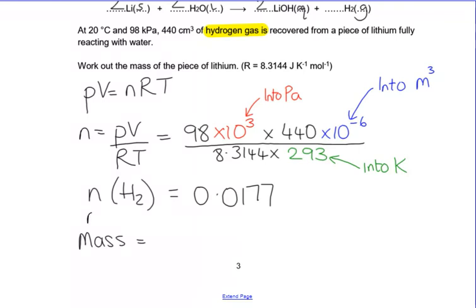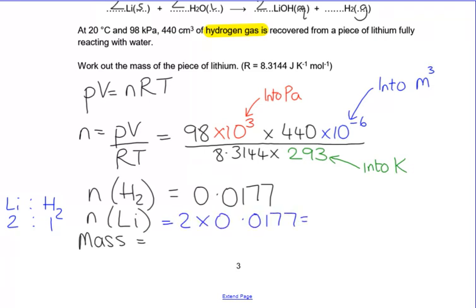So what's the number of moles of lithium? I'm going to need to use the ratio, and there were 2 lithiums for every hydrogen, so we're going to do 2 times 0.0177 to get the moles of lithium.